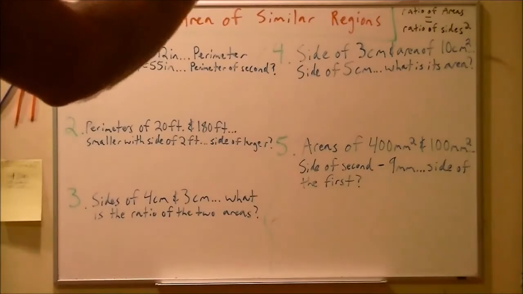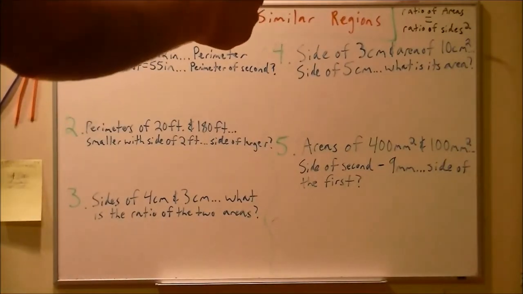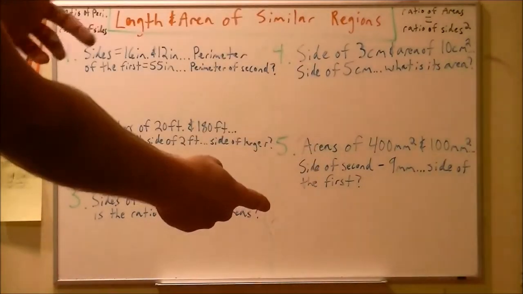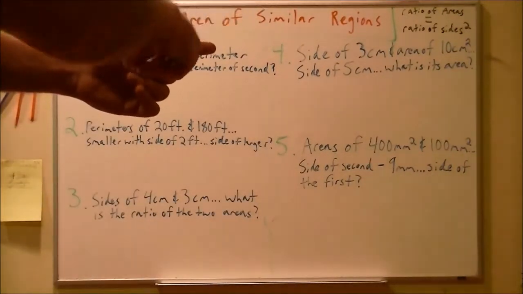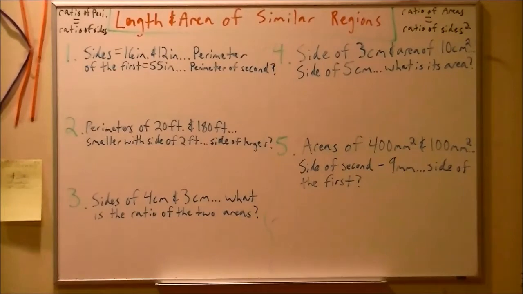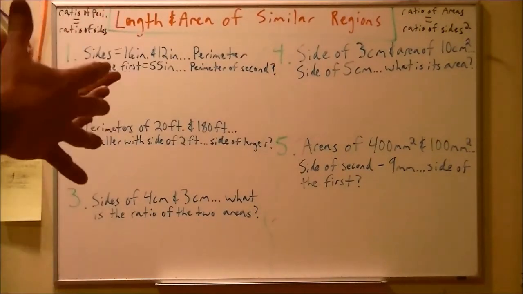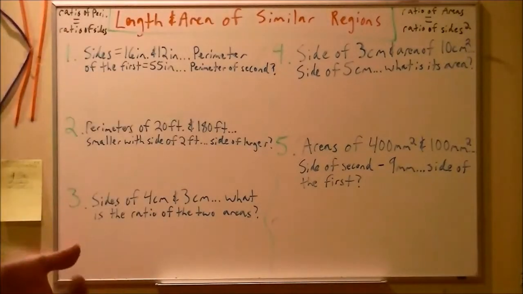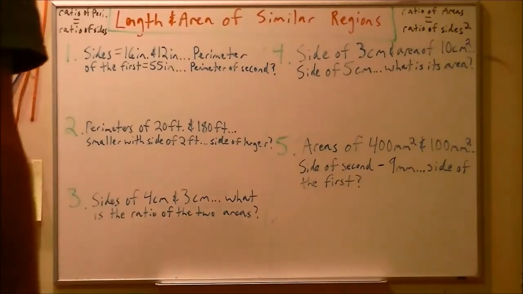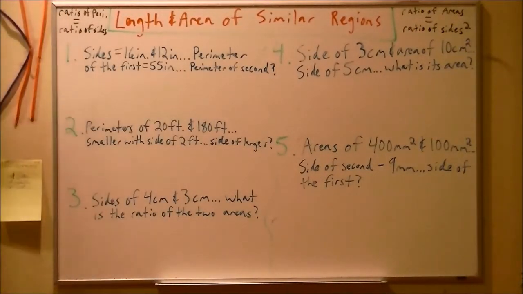And so you'll have the length of one side on top and one on bottom, and they're going to correspond across from each other. Now I know my imaginary air ratio of perimeter doesn't help much. It doesn't look very good. So let's get to the board, because I think it'll make a lot more sense then.